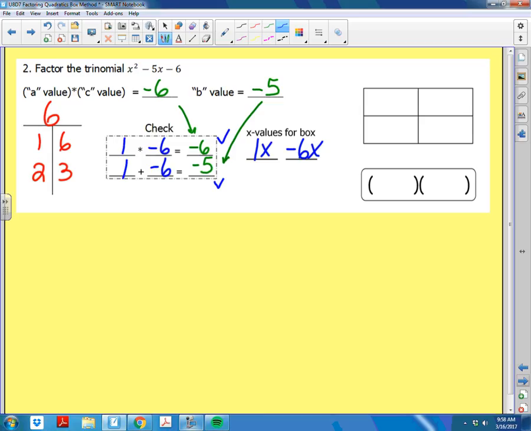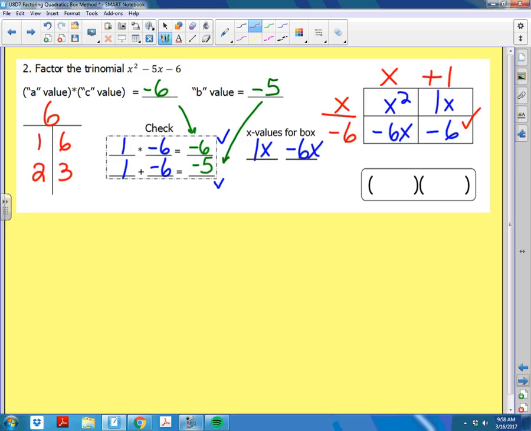Now let's fill in the box. So we put x squared here, we put minus 6 here, and then we take our x terms we just found, 1x, negative 6x, and now we're ready to start factoring. We pull the GCF out first right here. What's the GCF of x squared and 1x? X. X times x times positive 1, x times minus 6.